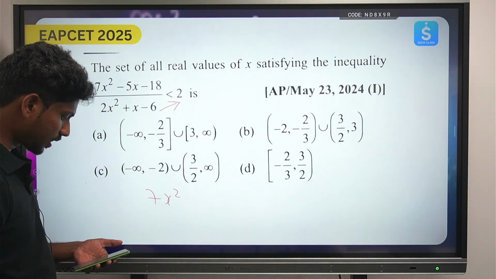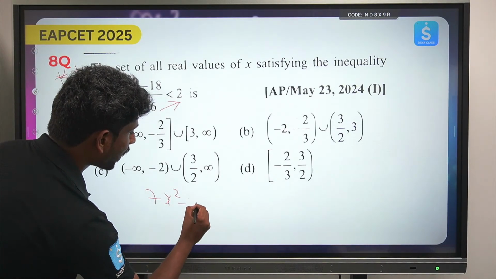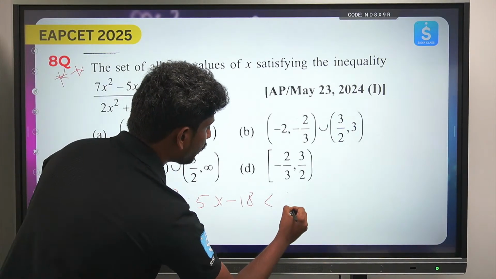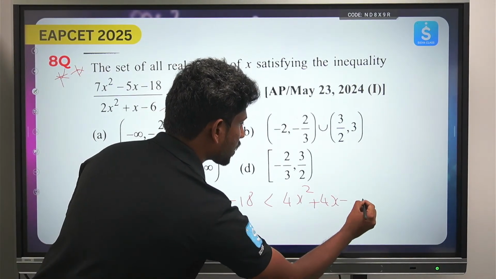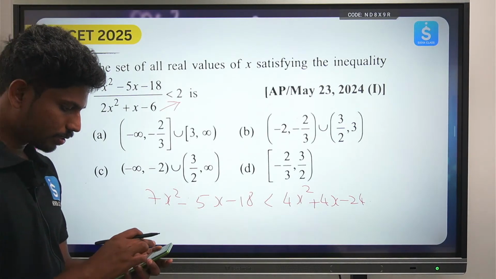Just see the question. 7x square minus 5x minus 18 is less than, if you try to multiply, this will become 4x square plus 4x minus 24. Okay, 4x square plus 4x minus 24.